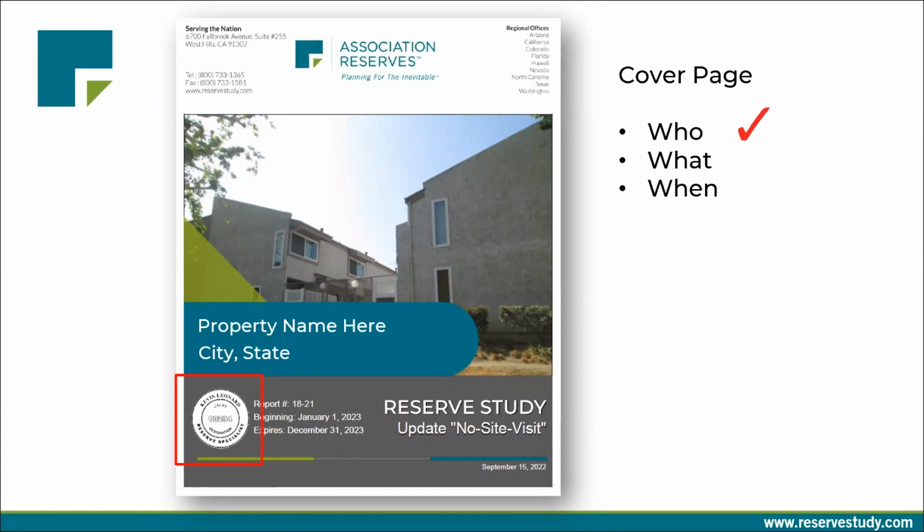You don't necessarily get what you're looking for with an engineer or an architect or a contractor or an MBA even. You're looking for someone who is familiar with the nuances of reserve study components, terminology, calculations, the multi-year funding plan, all those kinds of things, and you get that from someone with an RS or PRA.